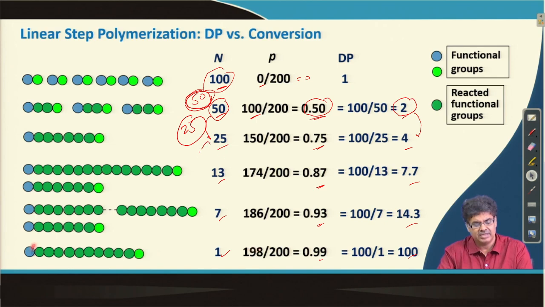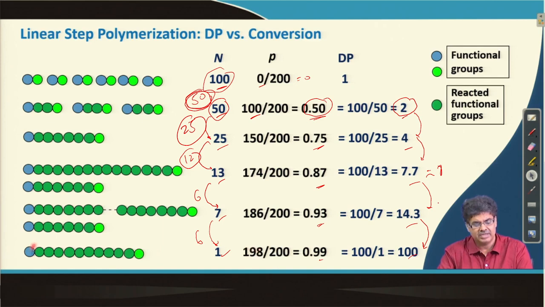Now here to here, 13 to 25, around 12 molecules reacted, which doubled the degree of polymerization, 4 to 7.7, around 8. Here also it is double, but only 12 molecules reacted. Here from here to here only 6 molecules are reacted, but degree of polymerization is also double. And from here to here again, 6 molecules are reacted, but degree of polymerization is how many times?